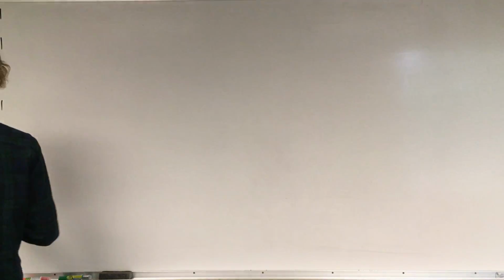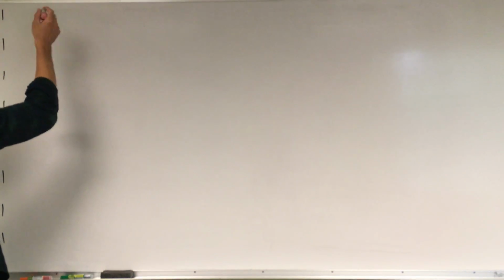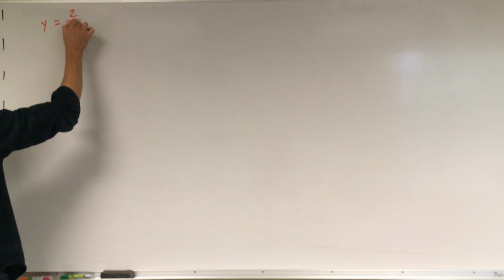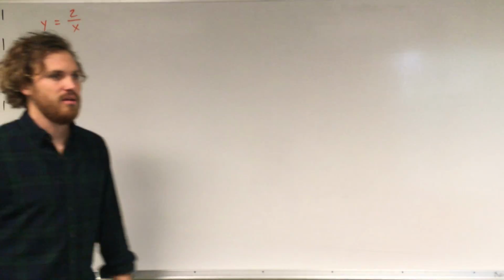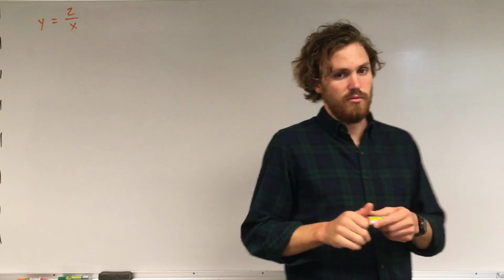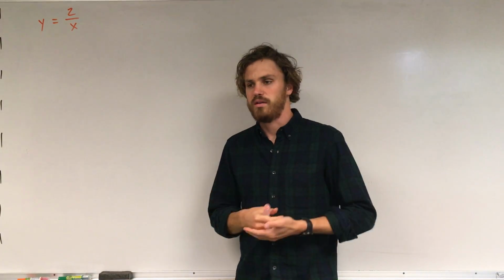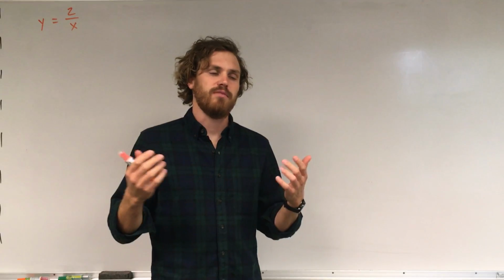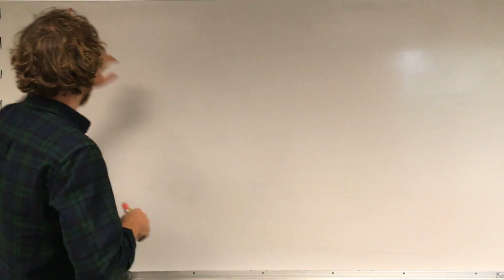And there's lots of other things we could think about. But let's just look at one simple function. Let's say y equals 2 over x. And let's really just try and figure out what we're dealing with here. Is it a function? What does it look like? So there's lots of different ways to analyze functions, and a lot of times you're just given this.